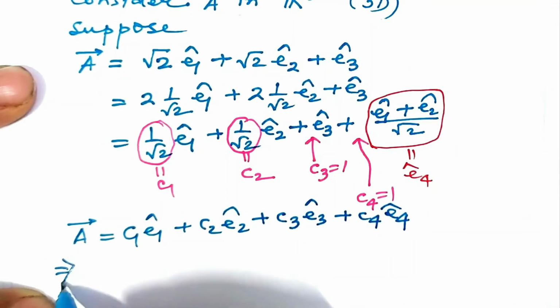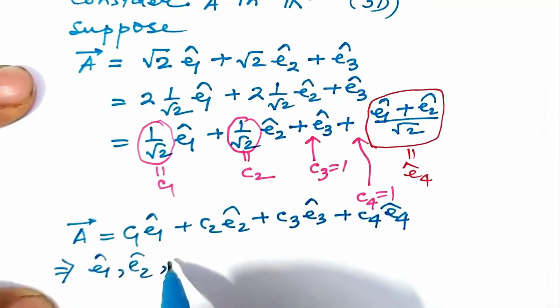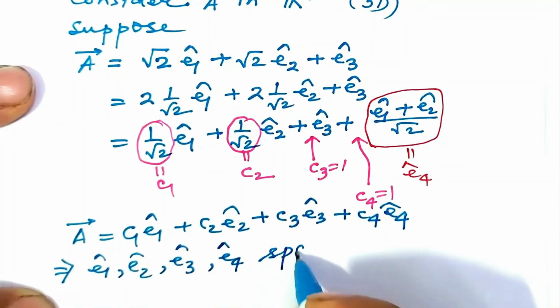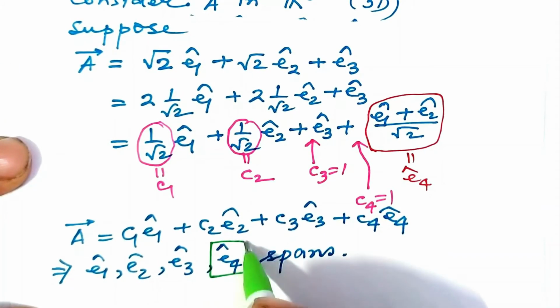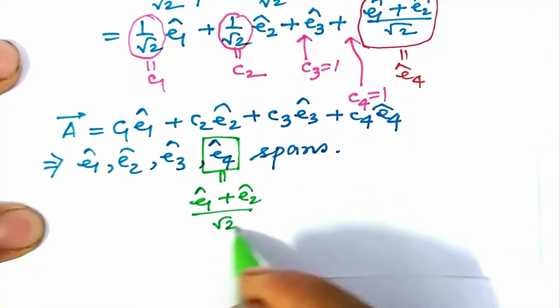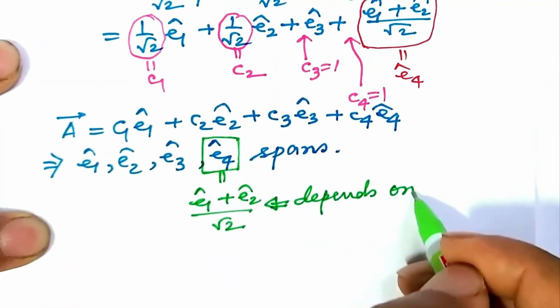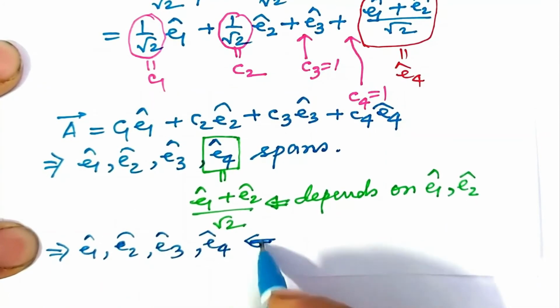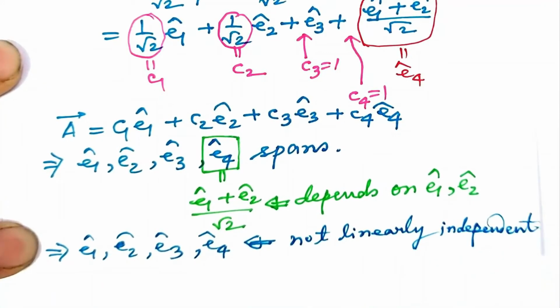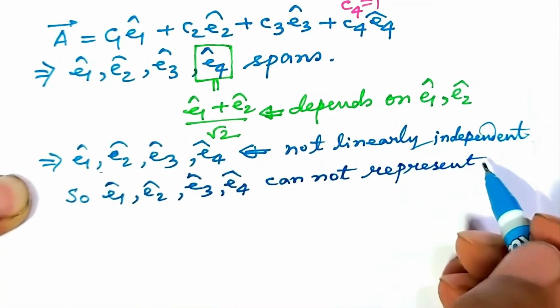This suggests that the four vectors e1 cap, e2 cap, e3 cap, e4 cap spans the 3D space. But note that e4 cap is actually a linear combination of e1 cap, e2 cap, that is, it depends on them. So the set e1 cap, e2 cap, e3 cap, e4 cap is not a linearly independent set, so they cannot represent a basis R3.